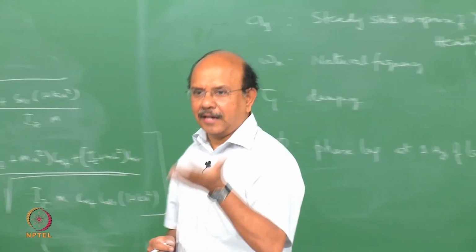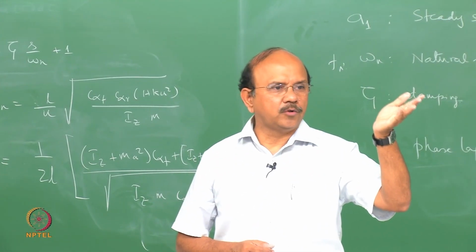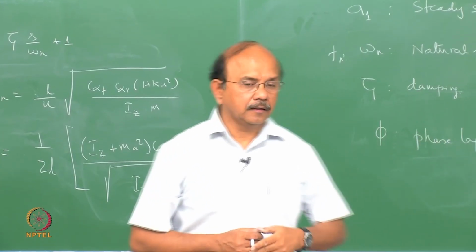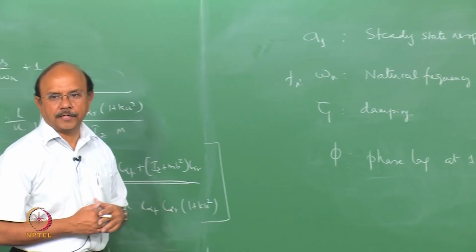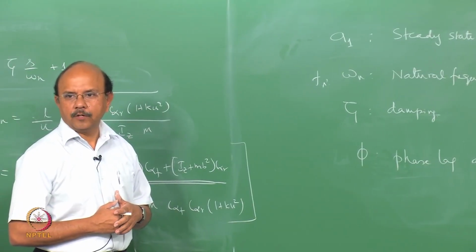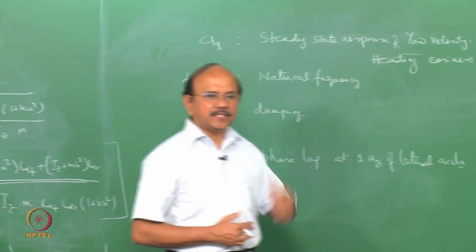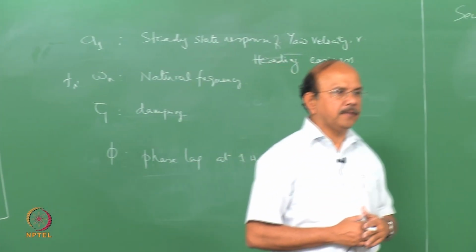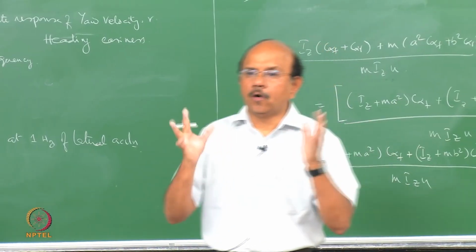Clear? The larger the natural frequency, remember that in your earlier classes for a simple spring dashpot system, a second order system, you were able to get what is the rise time, what is the peak time Tp, what is the settling time Ts, overshoot, all those things.